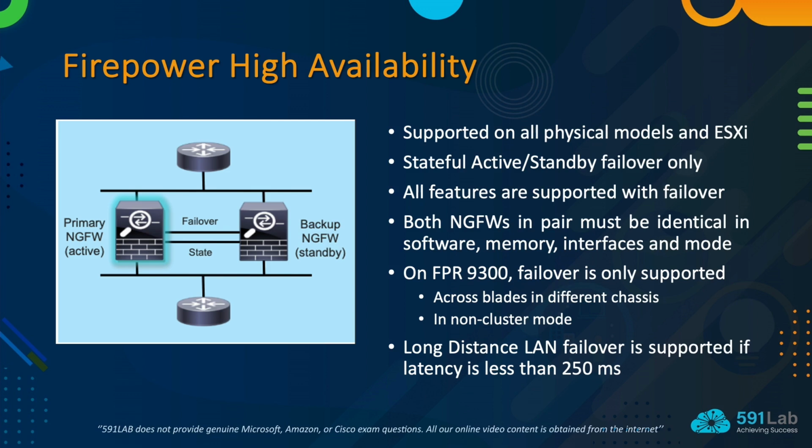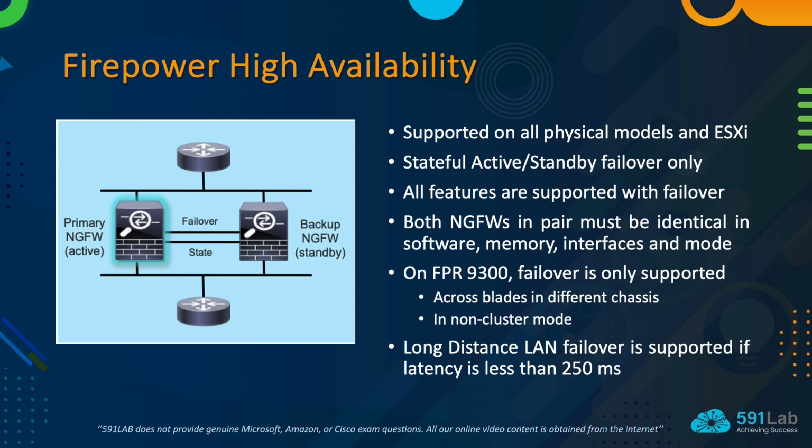Firepower Threat Defense high availability typically operates in a local area network. However, for Firepower 9300 models, it can support failover across geographically distant locations if the latency between the two next-generation firewalls is less than 250 milliseconds.